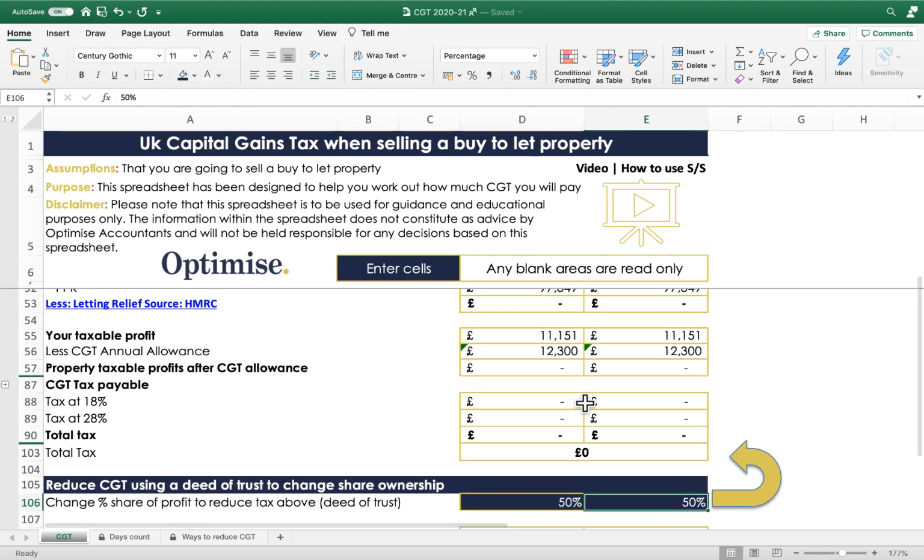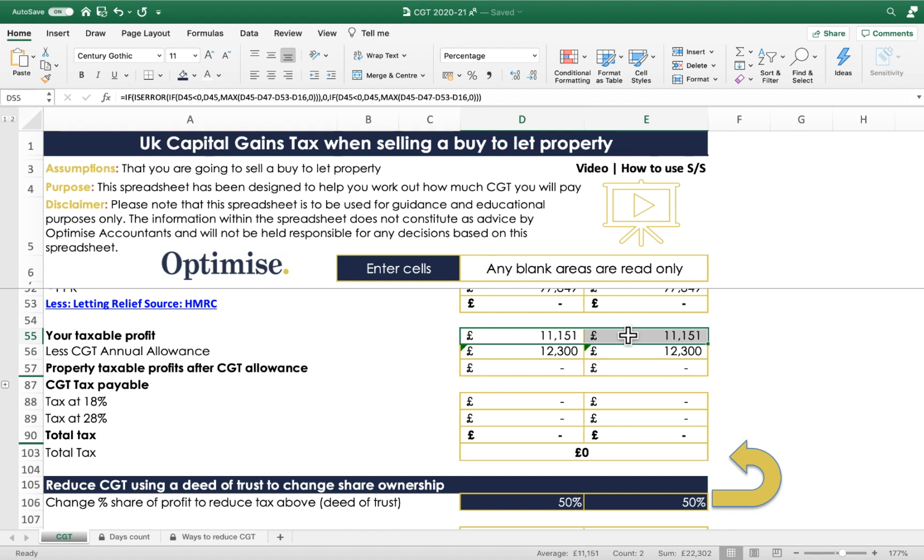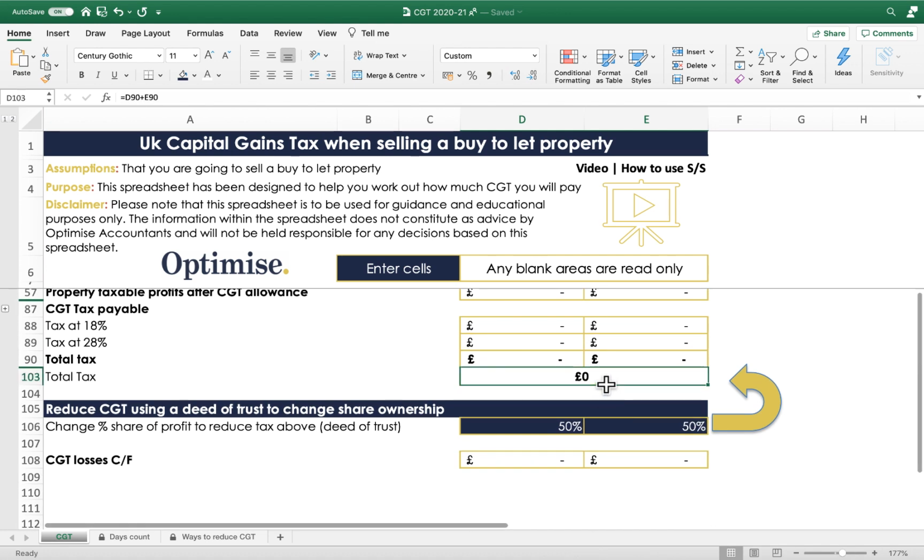And the reason for that is because we've now utilized the 2 annual CGT allowances, which basically means there's no taxable gain, and there's no tax to pay, which also means that there are no CGT reporting requirements by you because you've not made a gain. Actually, it's 0. So there's no CGT reporting within 30 days.